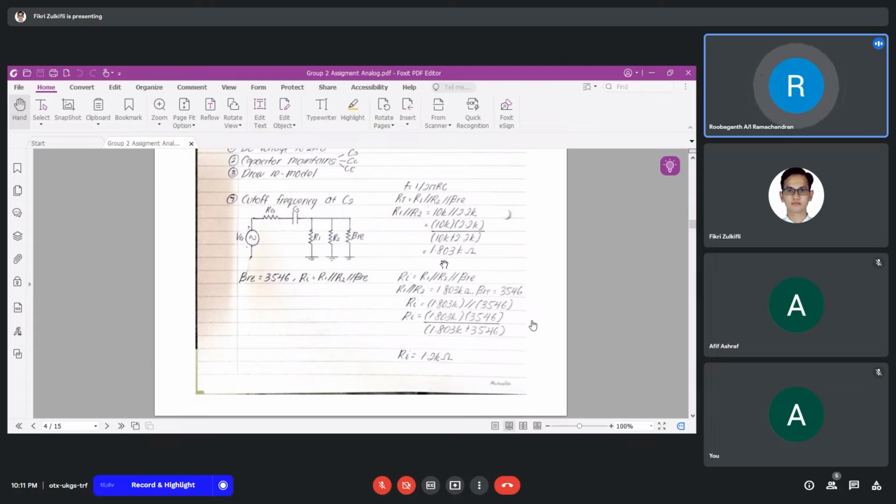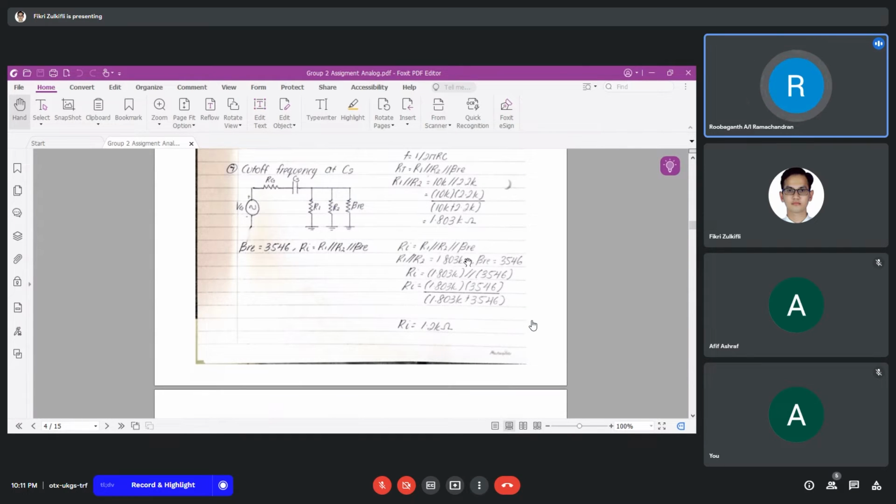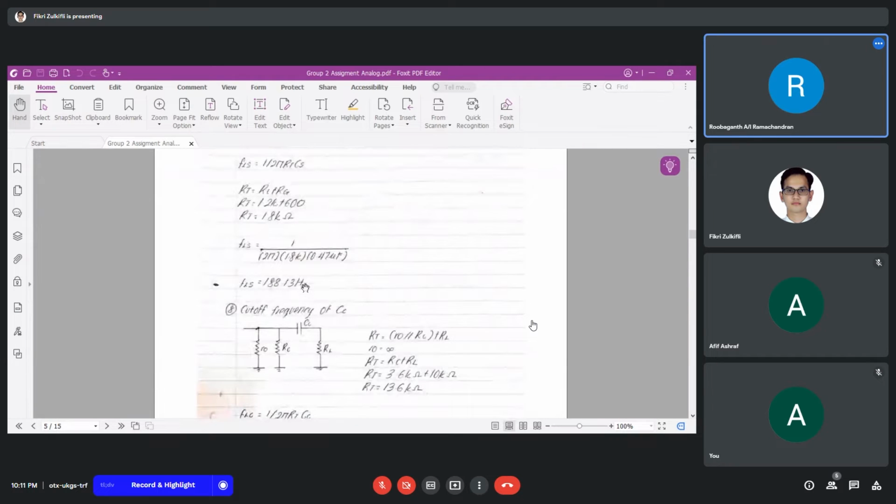Then to find R total, we use R1 parallel to R2 parallel to beta re, where we've already found our value of R1 parallel R2. Now we parallel with beta re, and we get about 1.2k. Then using the frequency response formula, 1 over 2 pi R total CS, where R total is Ri plus Rg, so 1.2k plus 600, and our R total is 1.8k ohm.